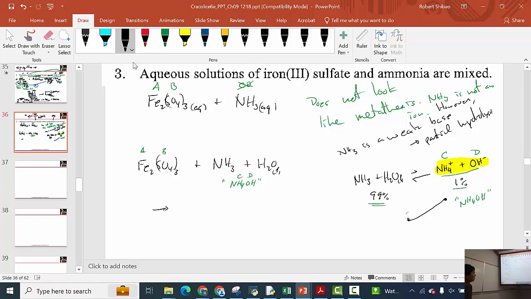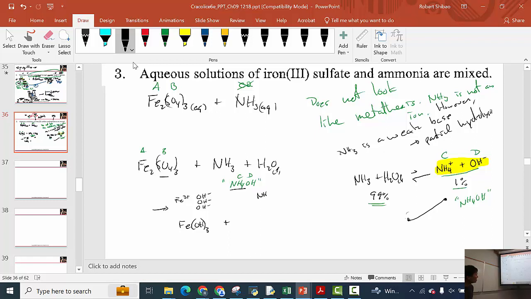If I take iron 3 and hydroxide, what's the correct formula? What's the charge on hydroxide? Negative. How many hydroxides will I need to balance out the positive charge? I'll need 3 hydroxides, and so I should form iron 3 hydroxide, which will be Fe(OH)3. And I'm going to take ammonium with sulfate.